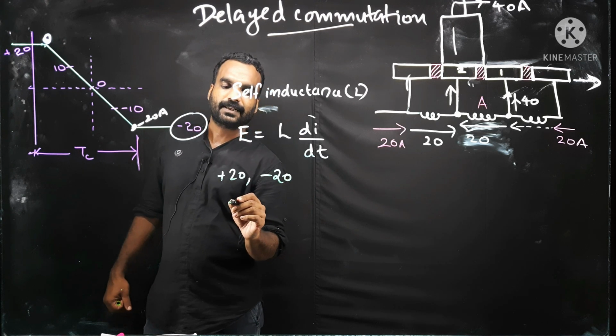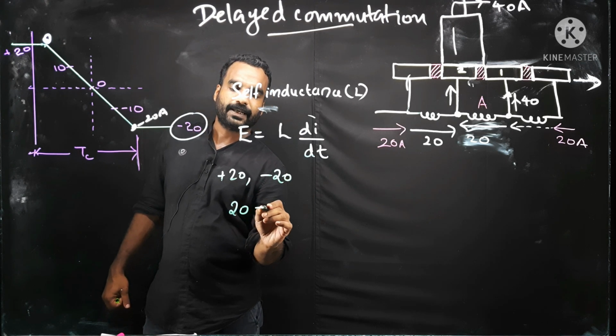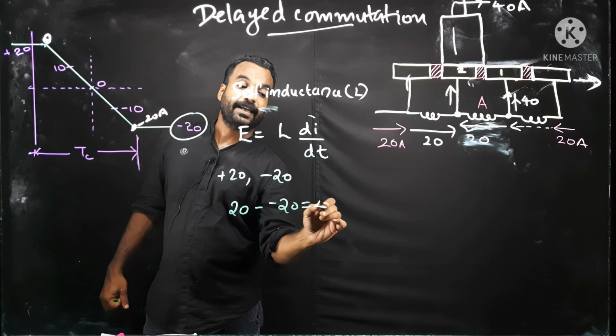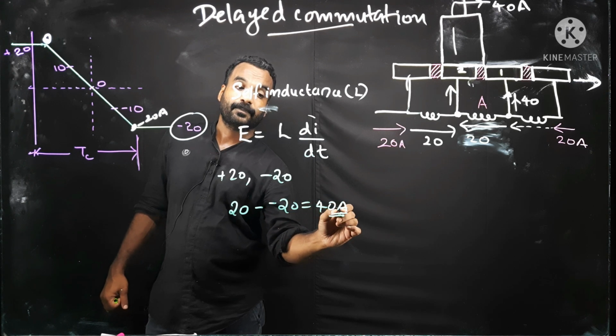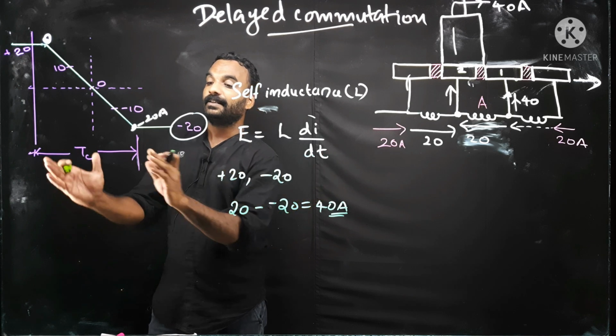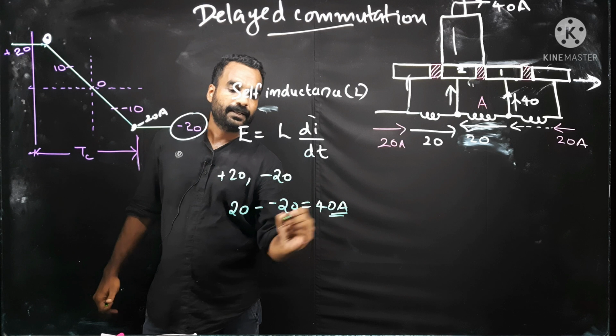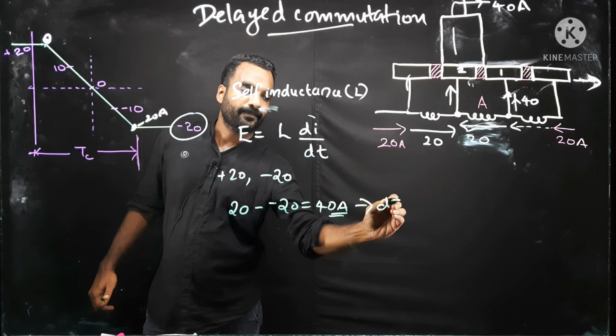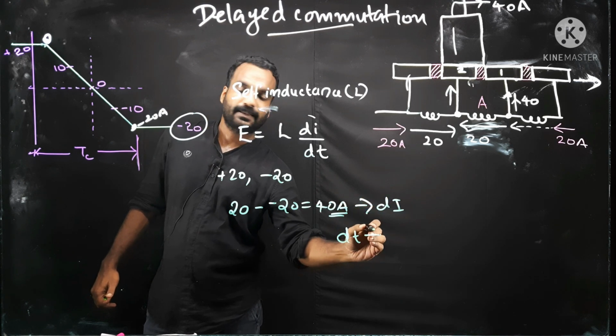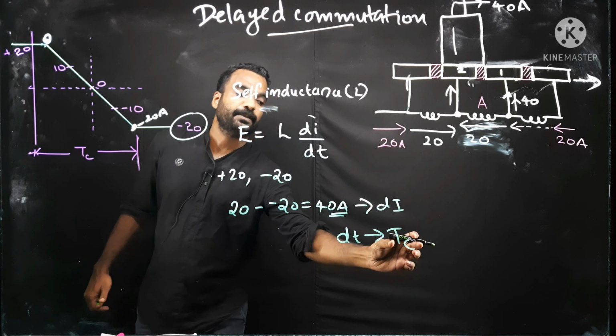So what is the change in current? 20 minus minus 20, 40 ampere is the change in current. And what is the time dt? This is the time where the change happens. This is the small time. This is di, and dt is Tc, the commutation period.